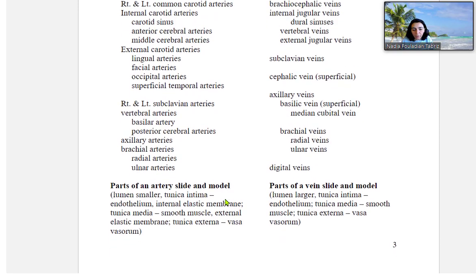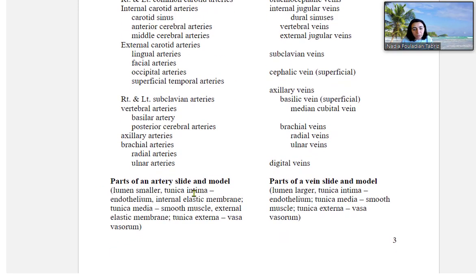And then part A has some parts of the microscopic slides and some models that, as have been mentioned here, which parts you need to pay attention to those ones. And part B has this is for the arteries and these are for the vein. Pay attention, both slides, microscopic slides and models have to be covered regarding each part B and part A.